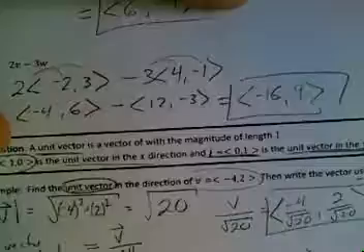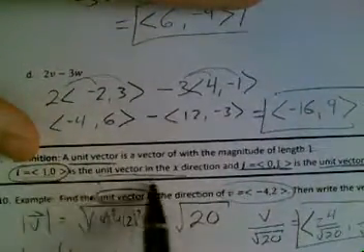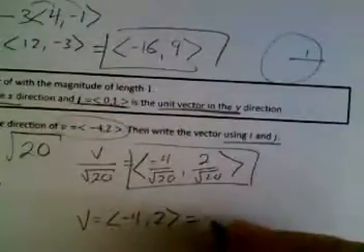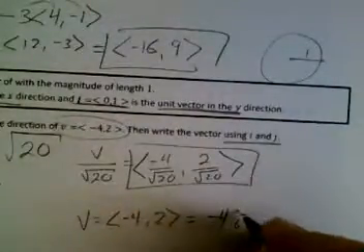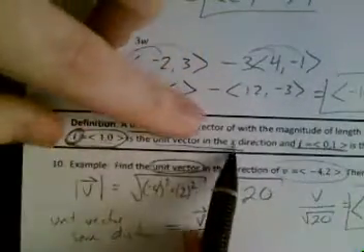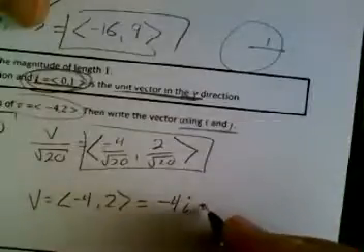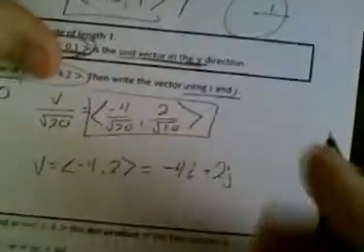It's negative 4 i's, negative 4 of these things in the x direction. I have a positive 2 of these things in the y direction, so plus 2j.